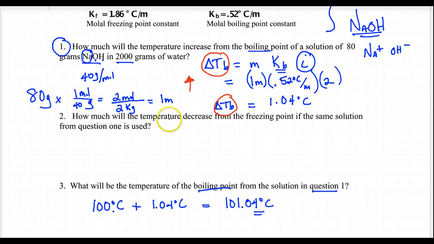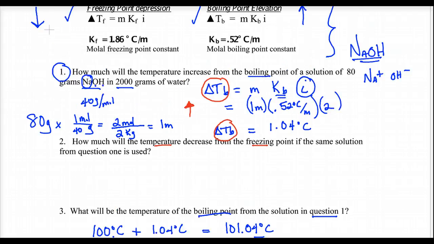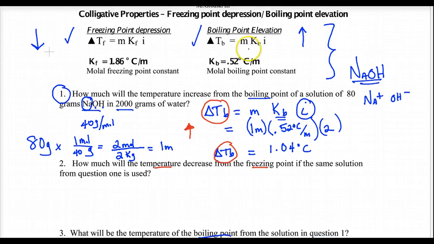So if you do number 2, what's the temperature decrease from the freezing point? We're going to use a new formula, same thing, molality, but the constant is different for the freezing point. It goes down, 1.86. I factor is still the same. All right, so if you're using the same formula, you'd plug in the 2 for the I factor. This is a different number and a 1, and you'd find the change. So let's do that. So we have the molality is still 1 m.